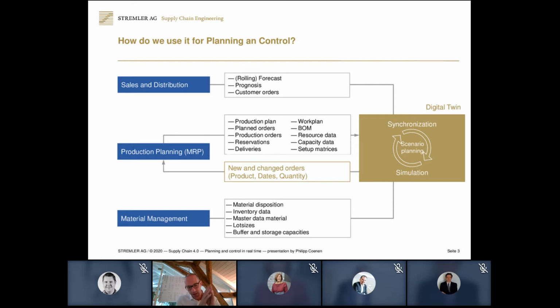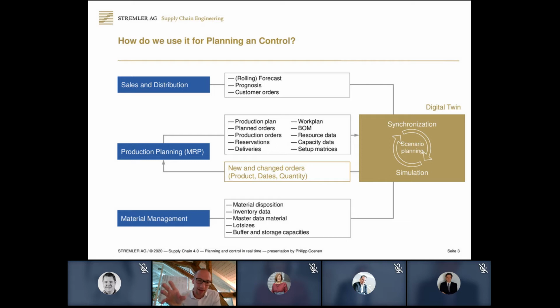All data corresponding to plannings is synchronized over each supply chain step, which is the horizontal integration, but also the vertical integration. For the vertical integration, you also have to synchronize over your different time levels or horizons.